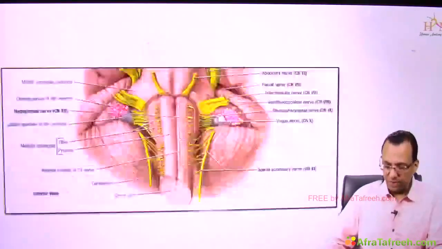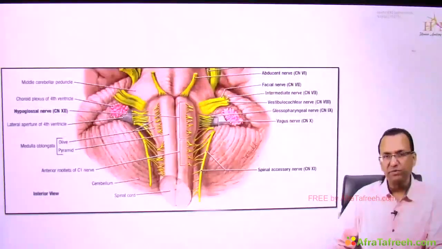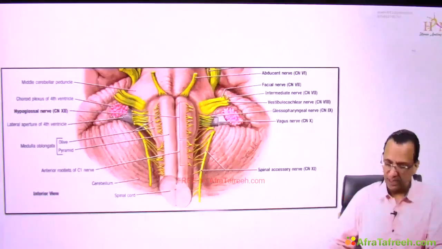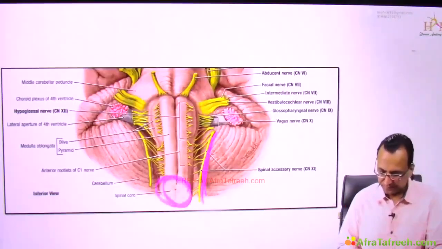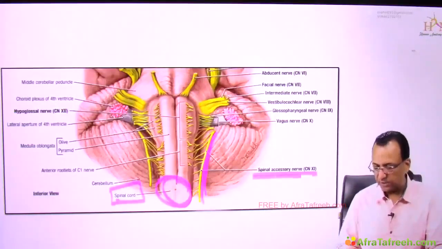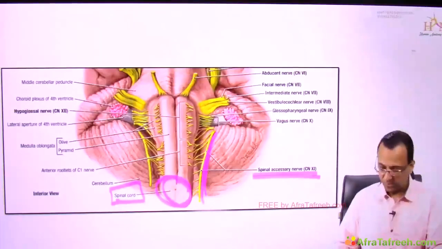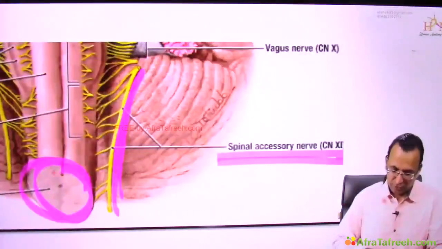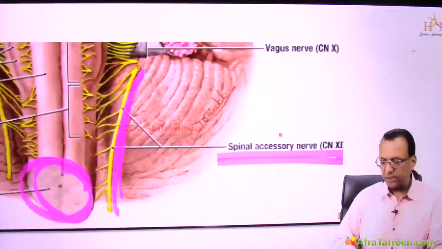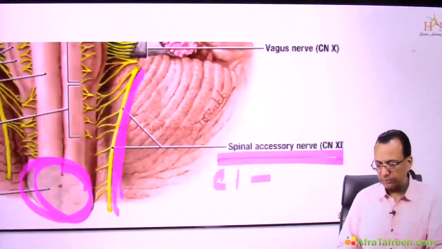Now, once you have that kind of orientation, I see one more nerve coming here from the spinal cord. Who is that? This nerve coming from the spinal cord is called the spinal accessory nerve, the spinal part of the accessory nerve. If you say this is the spinal cord giving you the spinal accessory nerve, where is it coming from? C1 to C5.